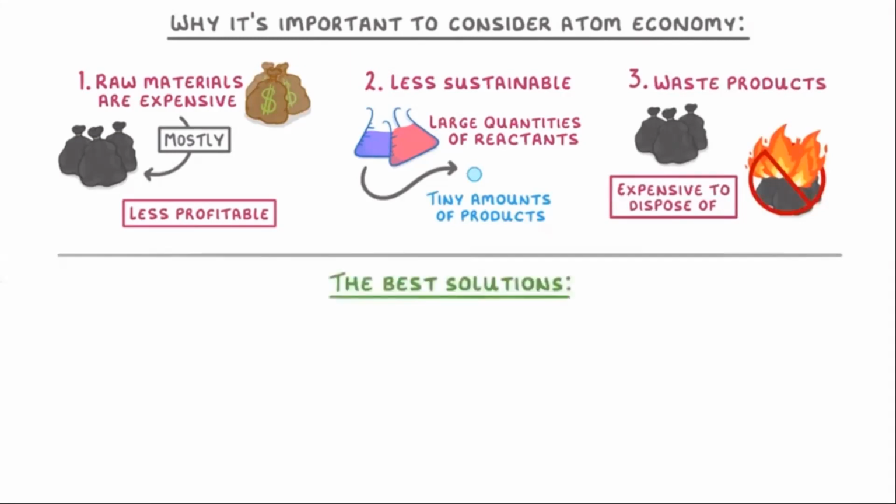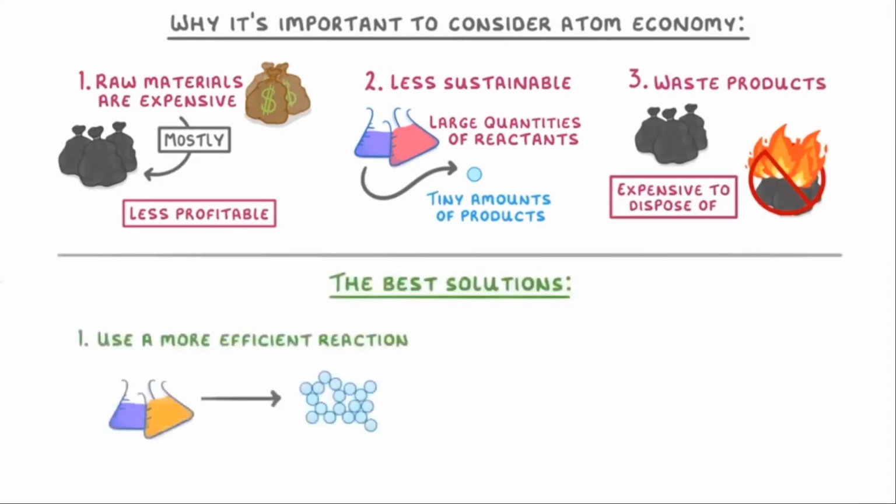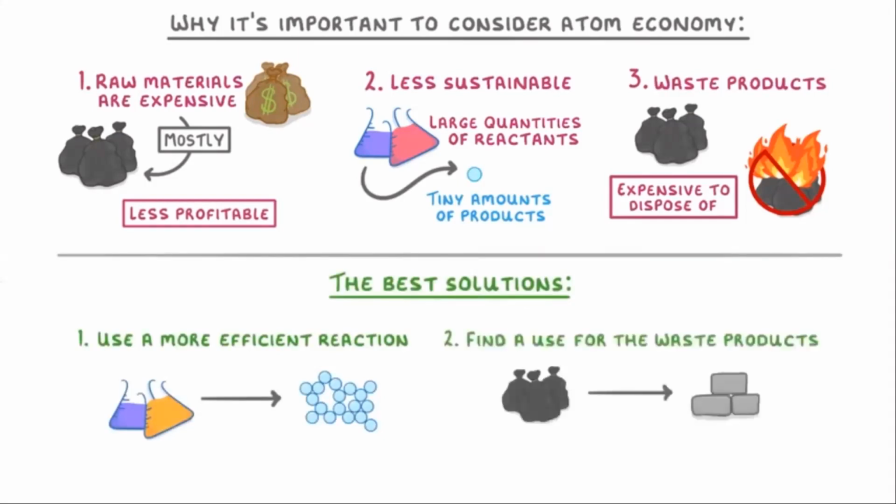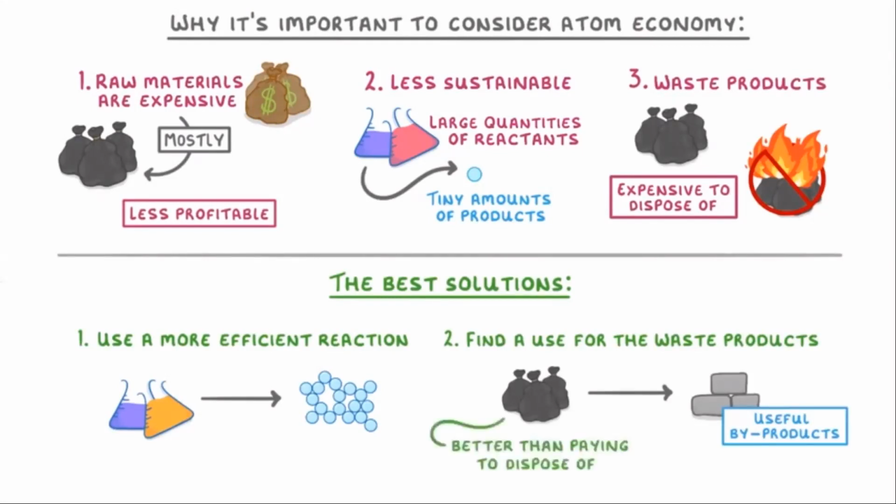The best solutions to these problems are to either use a more efficient reaction or to find a use for the waste products so that they become useful byproducts instead of waste. And even if they can't sell these useful byproducts for very much money, it's still much better than paying to dispose of the waste.